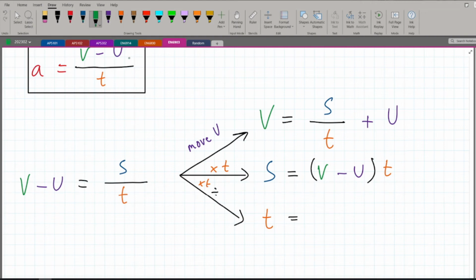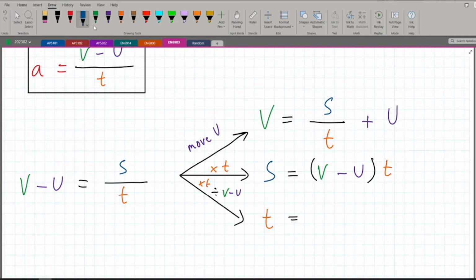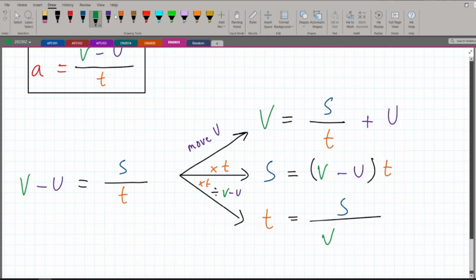First, multiply by time. It will cancel the time, and we get s equals v minus u times t. Then if we divide by v minus u on both sides, it will cancel, and we will remain with t equals s over v minus u.